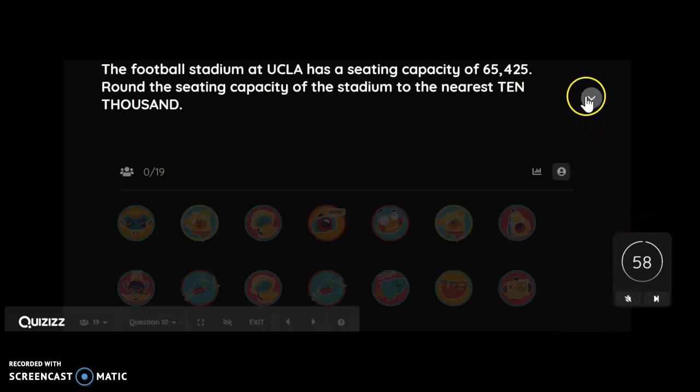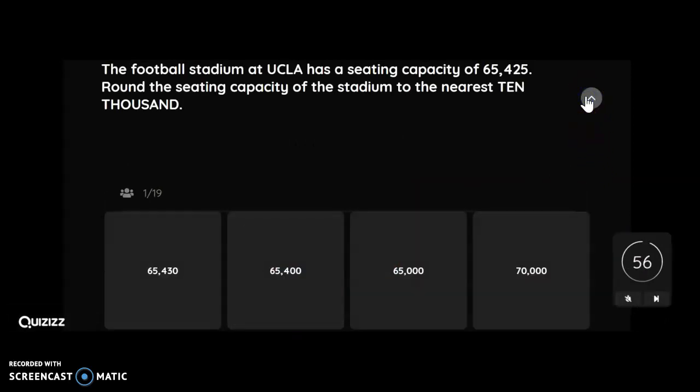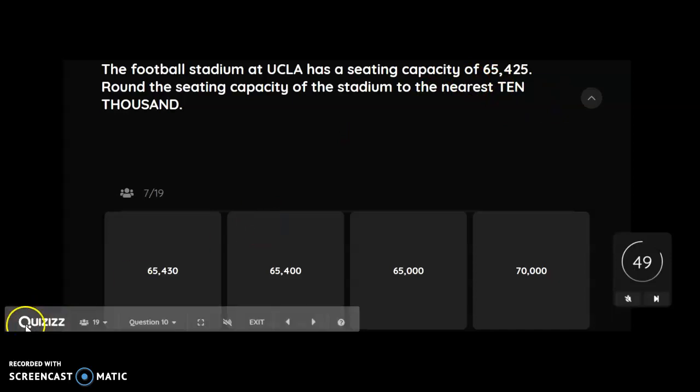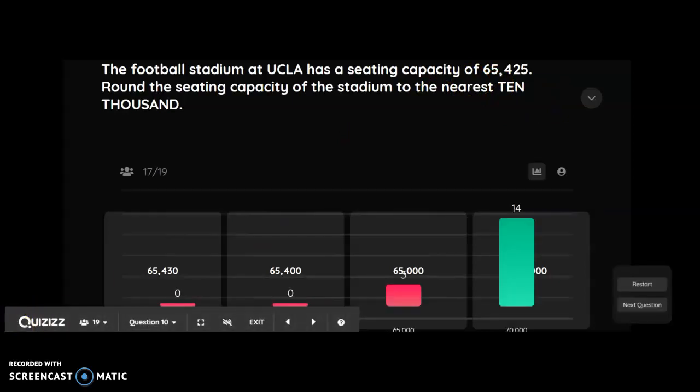For the next question, you're rounding the seating capacity to the nearest 10,000. Okay, each one of these answer choices round that number correctly. The first choice rounded it to the nearest 10, which would give you a value of 65,430. The next answer choice has it rounded to the nearest 100, which is 65,400.